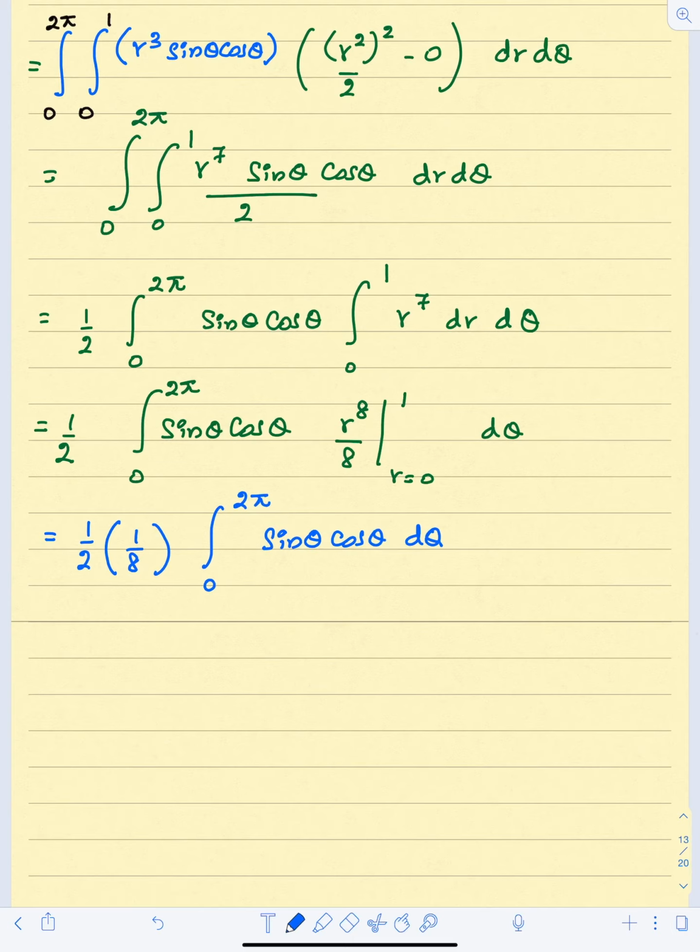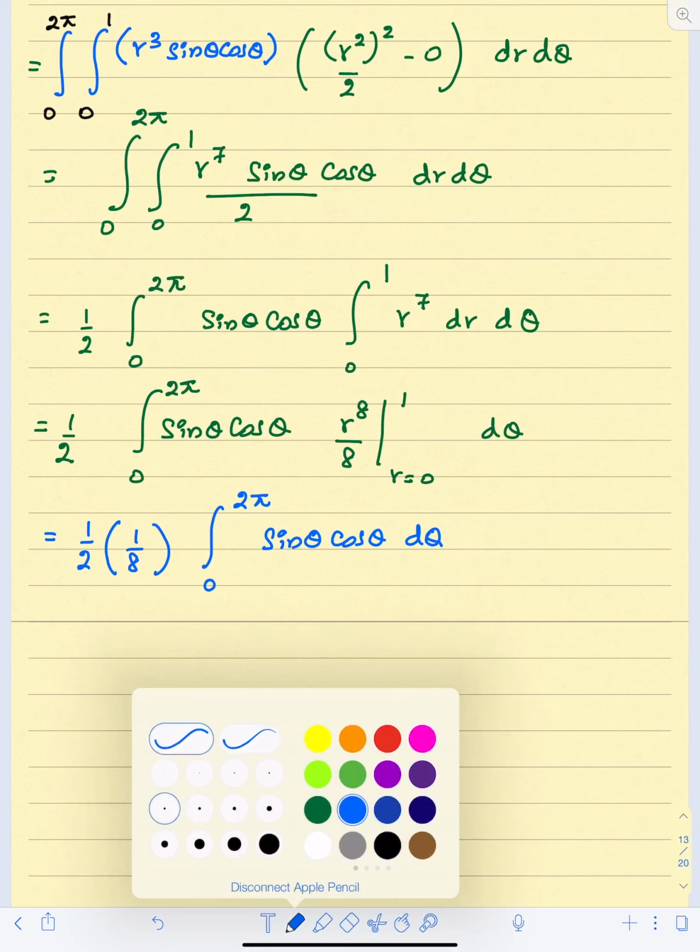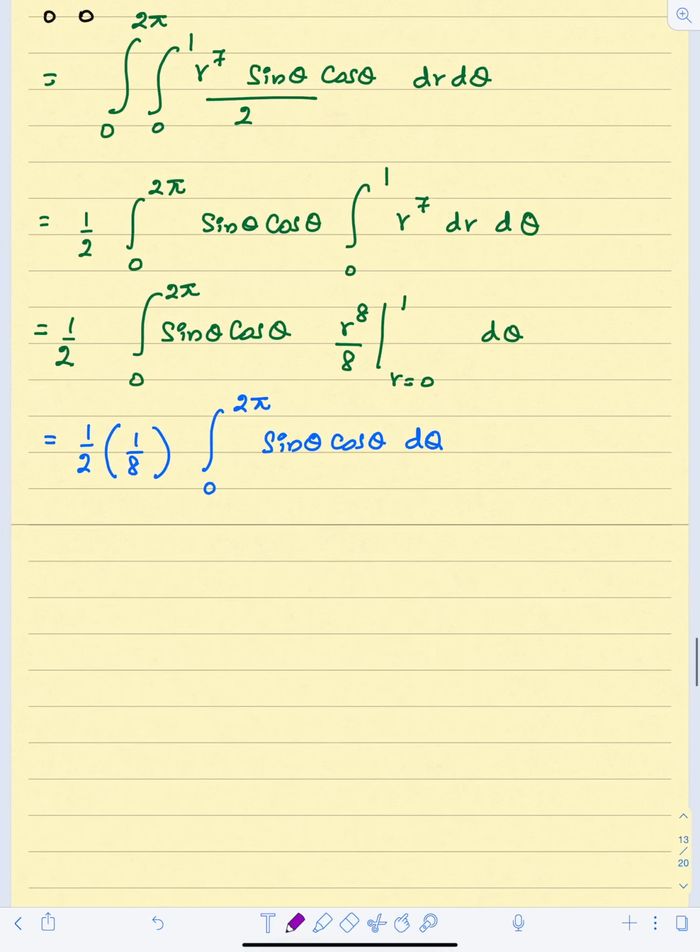Now how do we integrate sine theta times cosine theta? Well, if you recall calculus 2, we have a trig identity for sine 2 theta. Sine 2 theta, this is the double angle identity. Sine 2 theta equals 2 sine theta cosine theta.